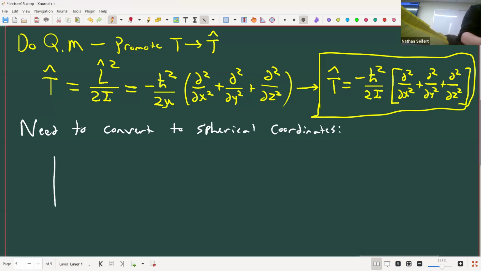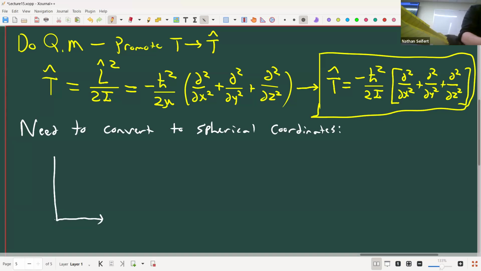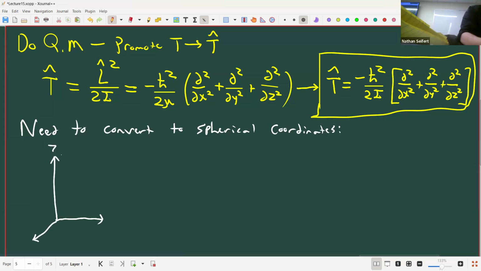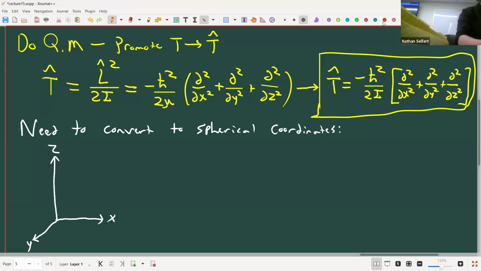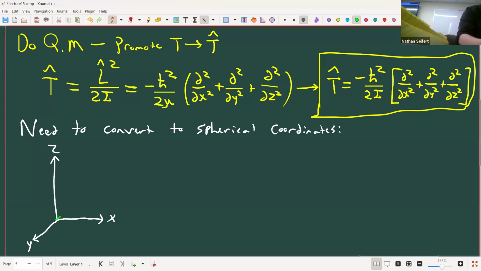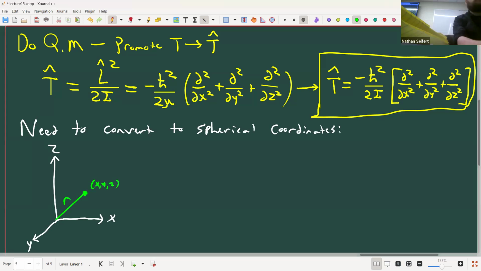So let me just remind you of the coordinate conversion between spherical coordinates and Cartesian coordinates. We'll take a test point here, at x, y, z. It has some distance r, and some angle theta between z and r.